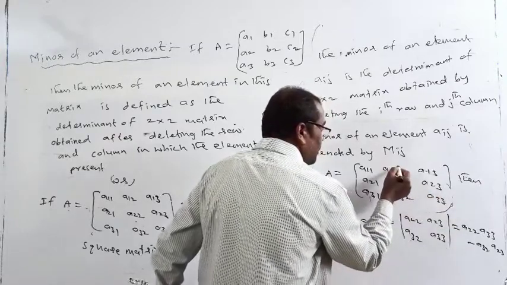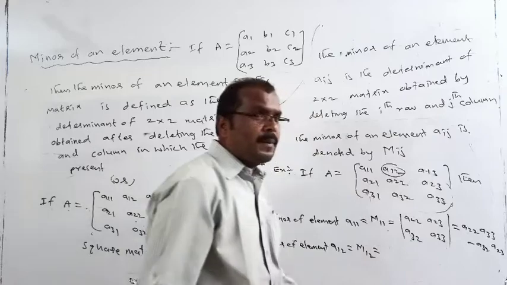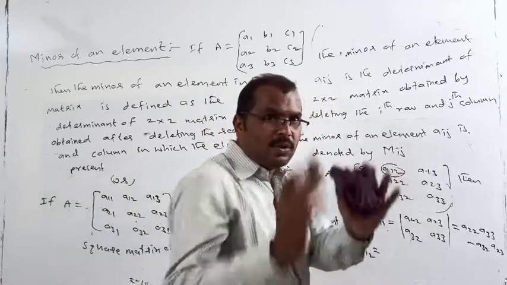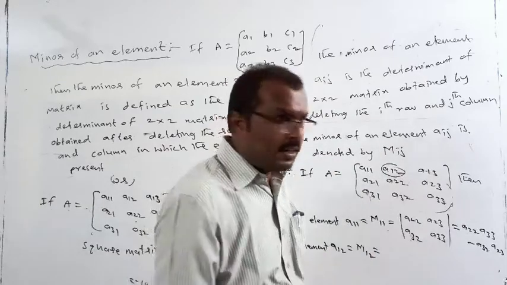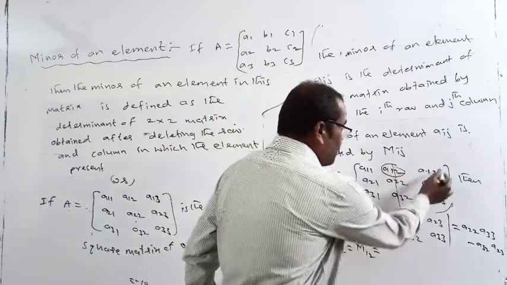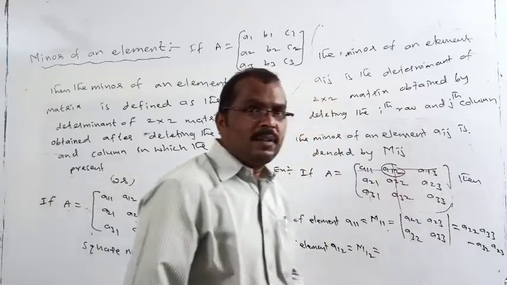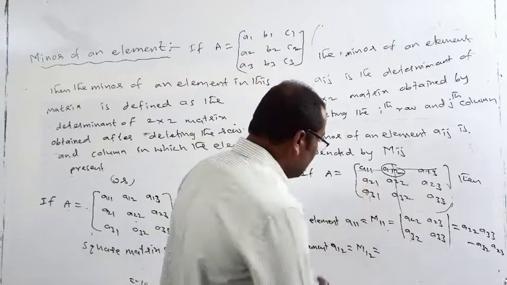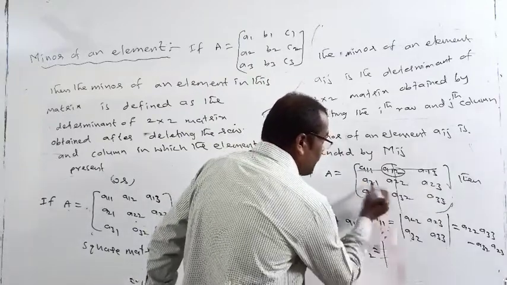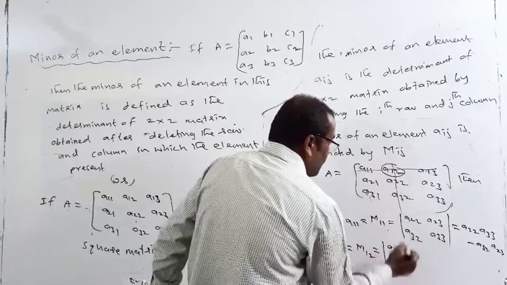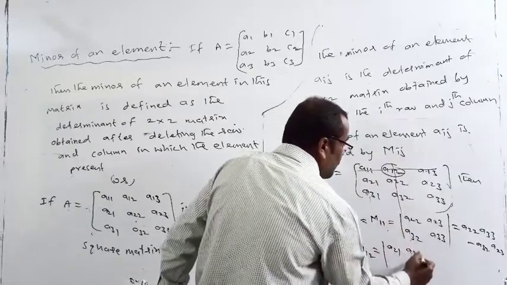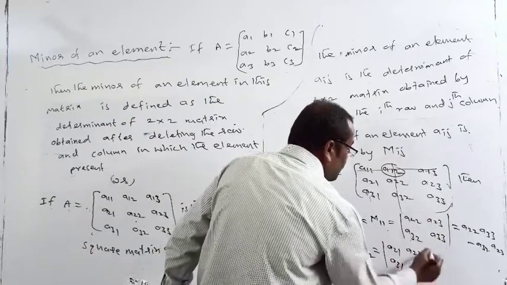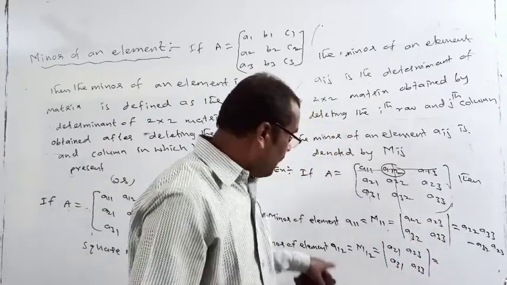We are writing the minor of this element, so delete its row and column. What remains is A21, A23; A31, A33. This determinant will be the minor for the element A12.